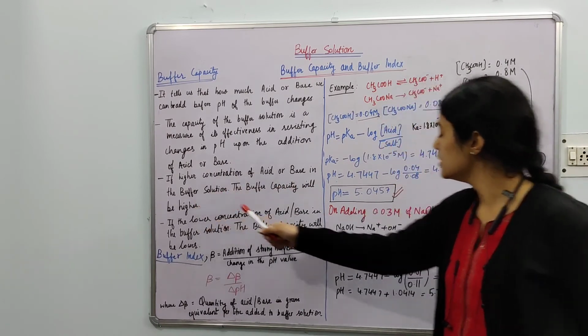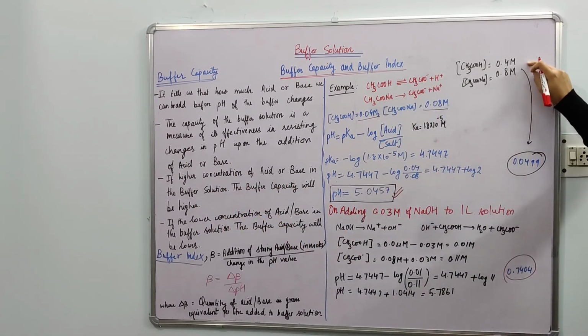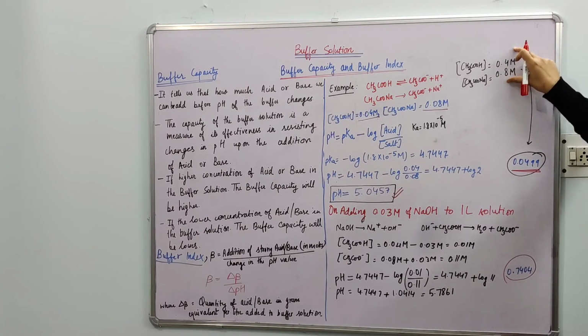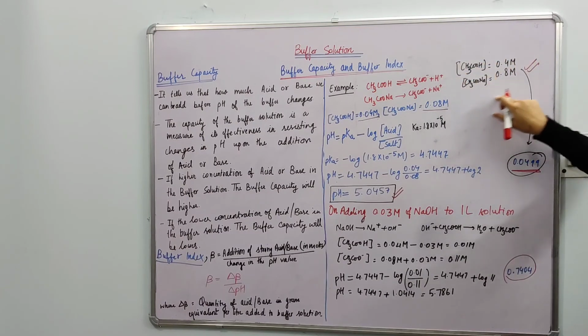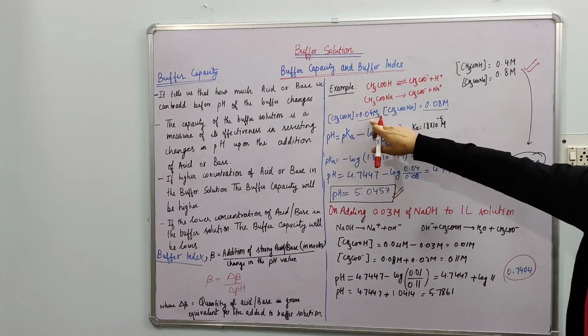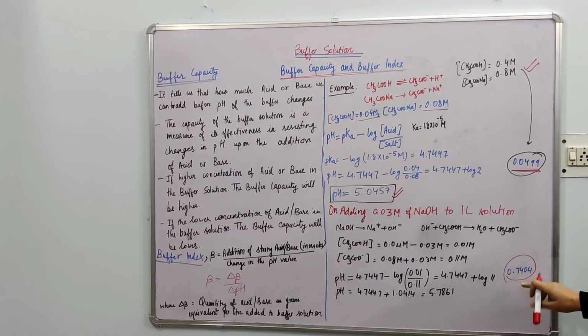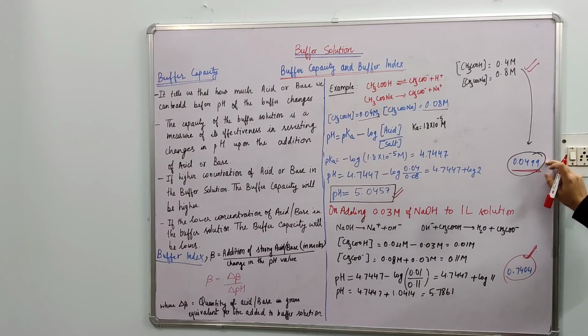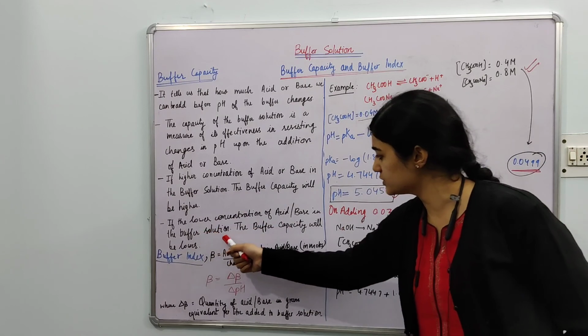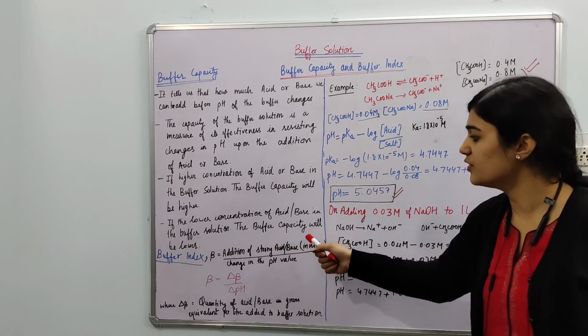When we had a higher concentration, the change in pH was very small. So the buffer capacity of this buffer is higher compared to the buffer solution prepared with a lower concentration of acid, where the change in pH is much higher. This explains that a lower concentration of acid and base in the buffer solution results in a lower buffer capacity.